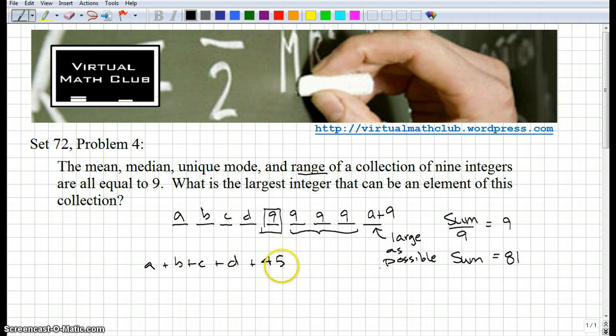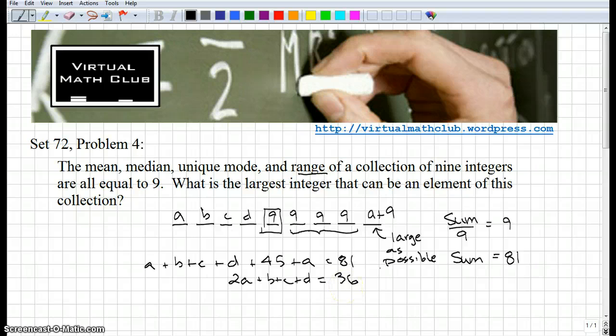So 45 plus A has to be equal to 81. Okay? So we have 2 A's: 2A plus B plus C plus D has to be equal to 81 minus 45, which is 36. All right, so I want these to be as small as possible, but I want the sum to be 36.